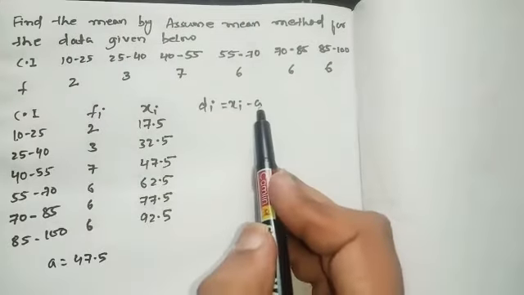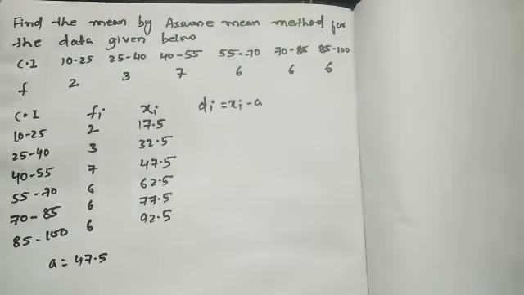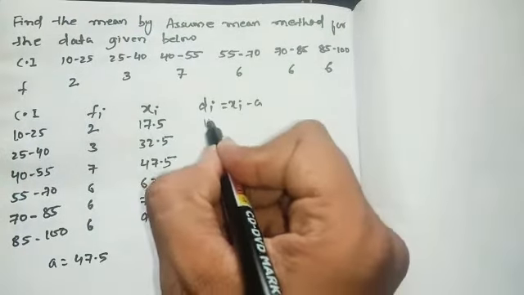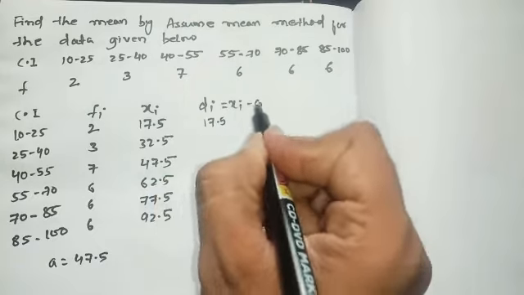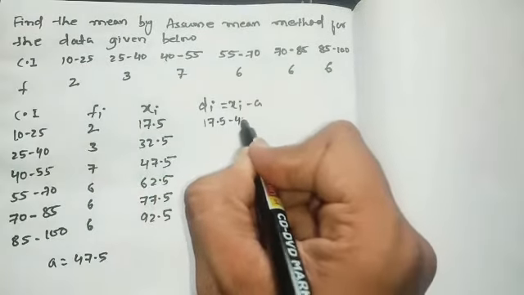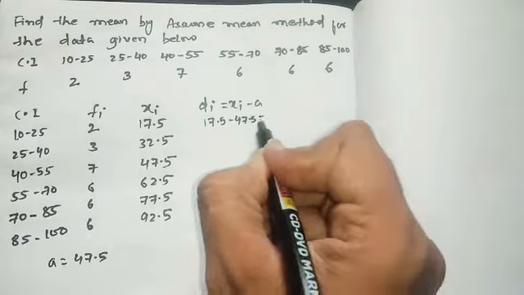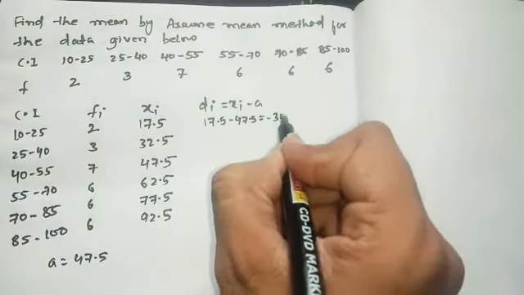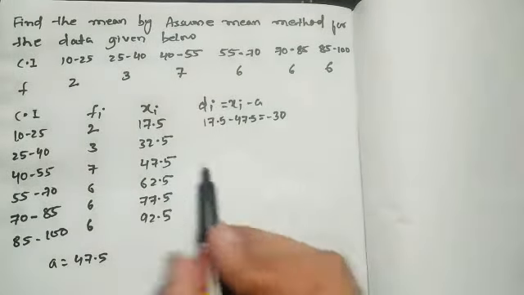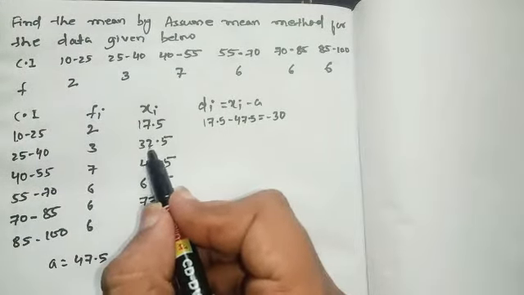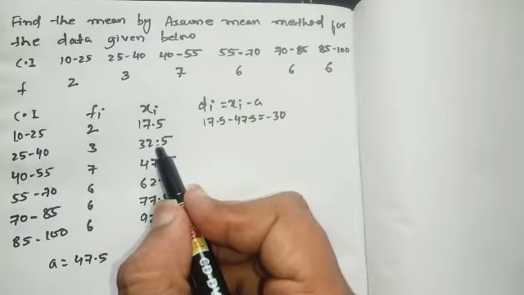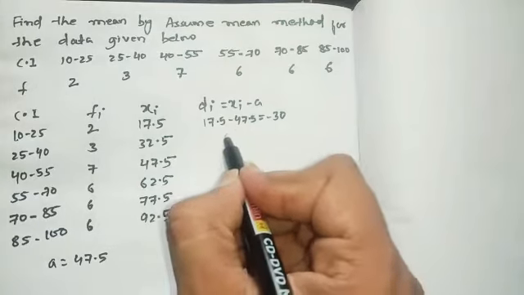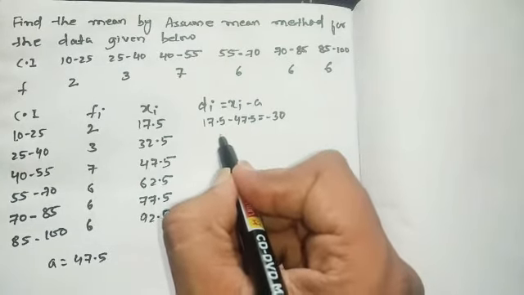Now we have to subtract this a from all the values. 17.5, xi minus a, is 17.5 minus 47.5, that is equal to minus 30. Then again the same thing we have to follow. 32.5 minus 47.5 will give you minus 15.